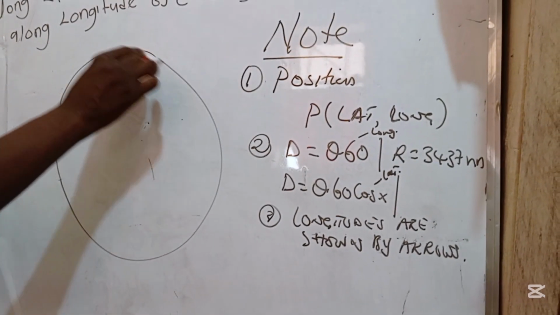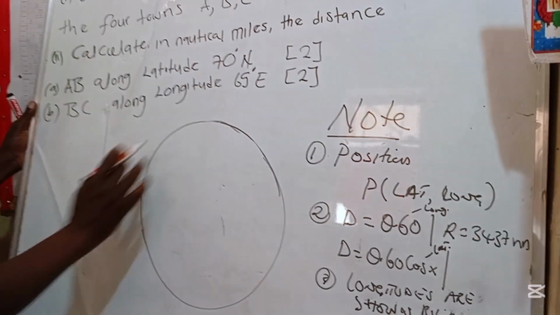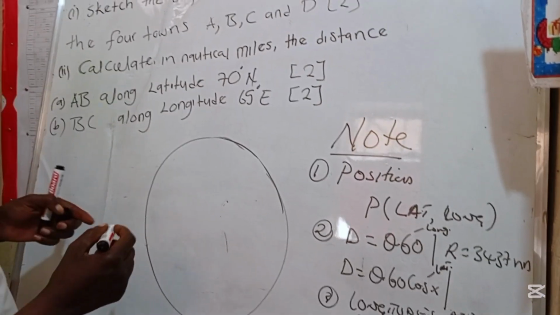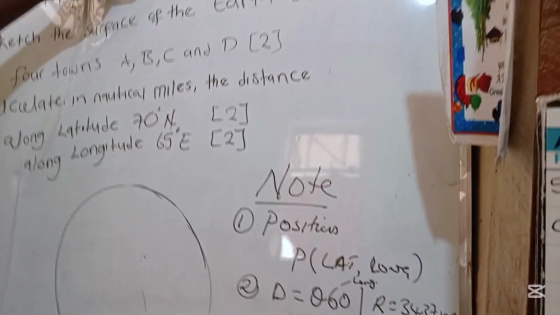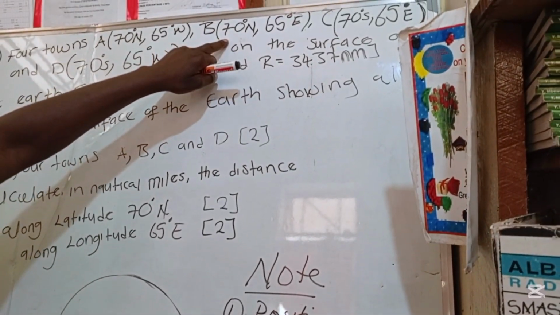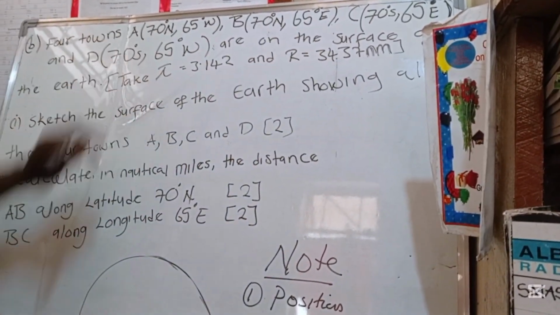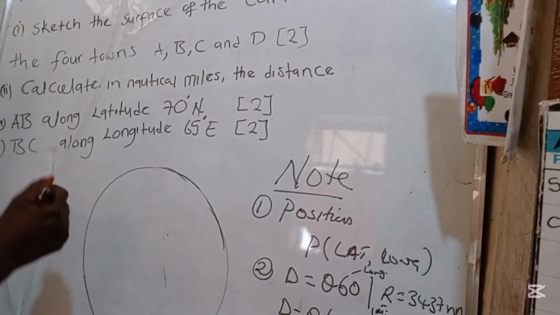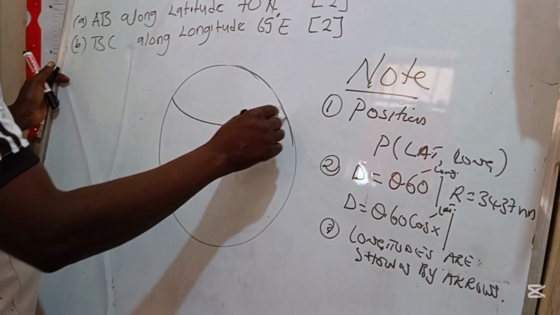This is my Earth surface. Remember you are in an exam, we have no time. If you look at it, we have 70 north and 70 south. So automatically the latitude on the north is 70.